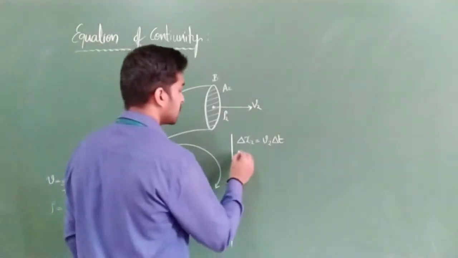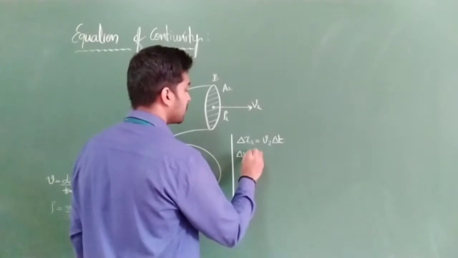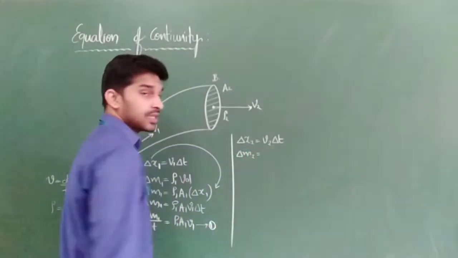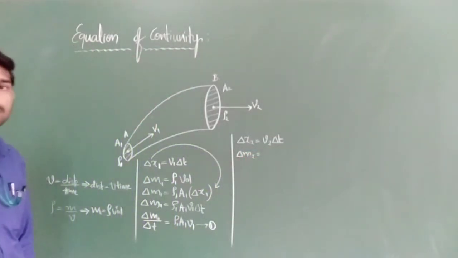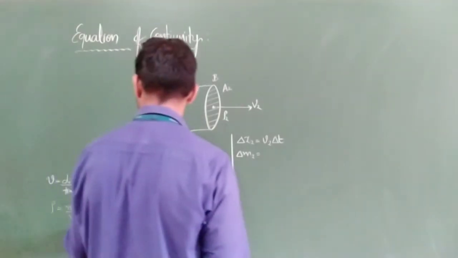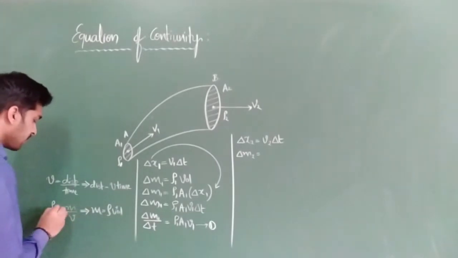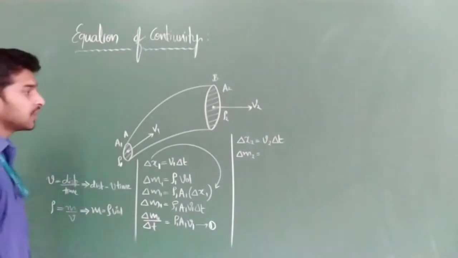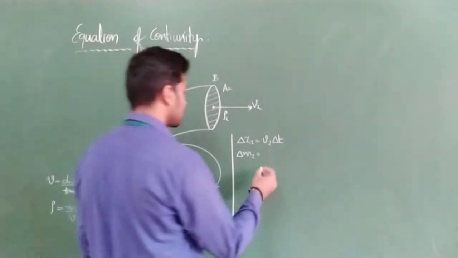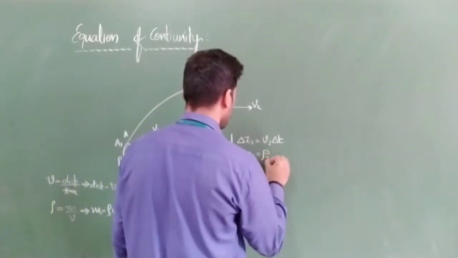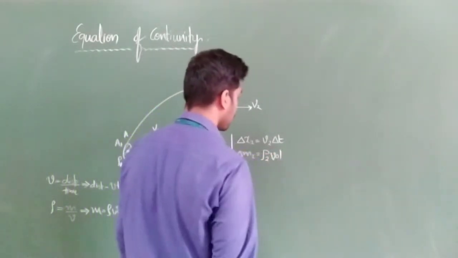So if I calculate delta m2, density is mass by volume, so mass is density into volume. So delta m2 is equal to rho 2 into volume.